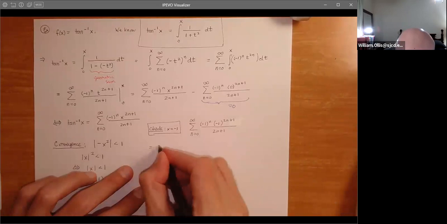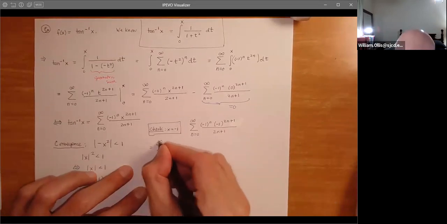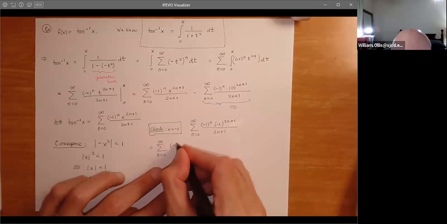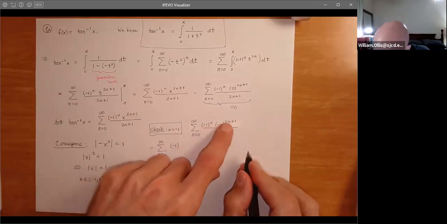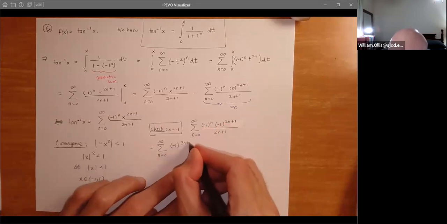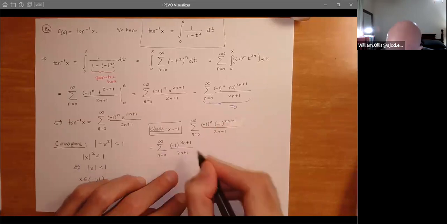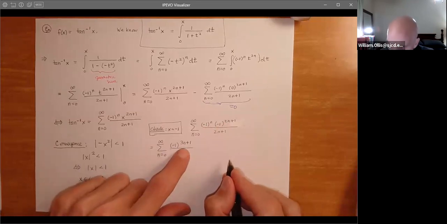Okay, so now let's see what we get. Let's use the laws of exponents. So we have -1, and now we have an n plus a 2n, that's a 3n, plus a 1, divided by 2n plus 1. But of course, parity is built on modulo 2.